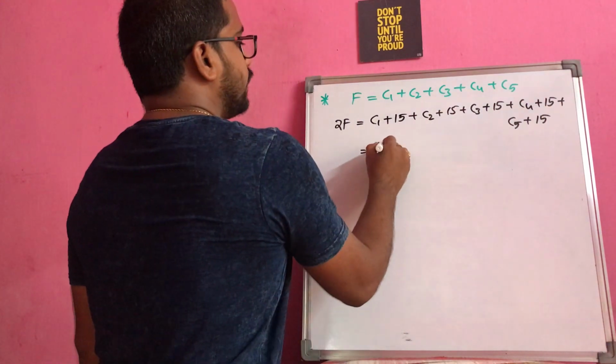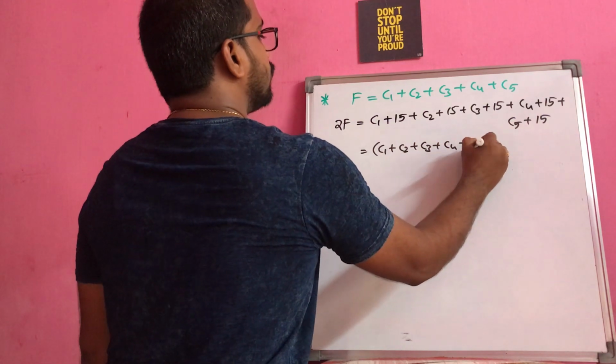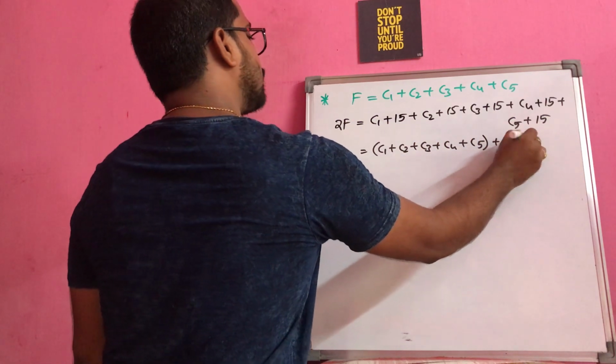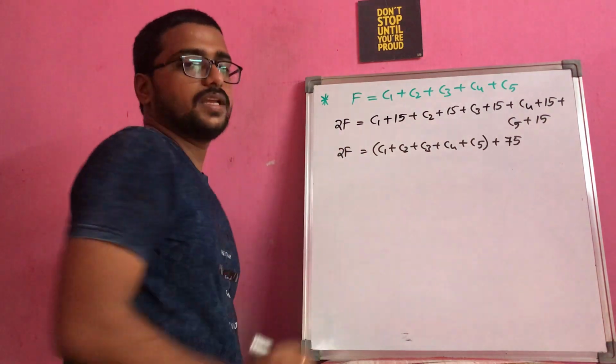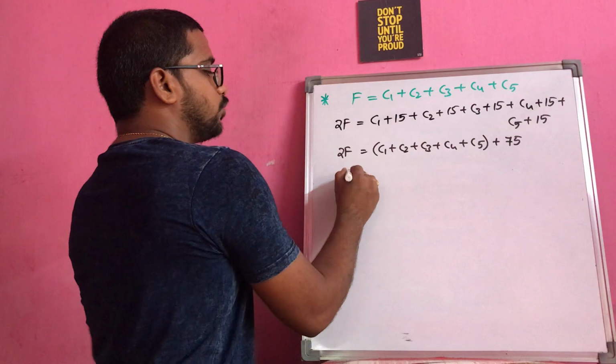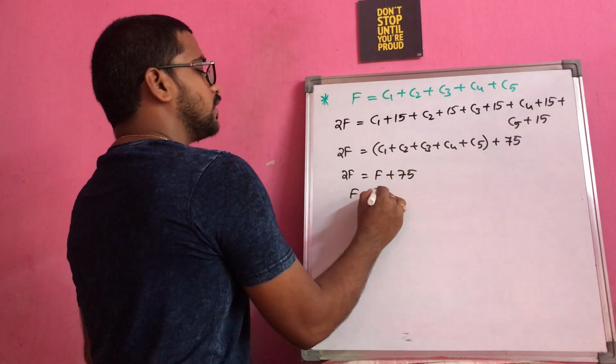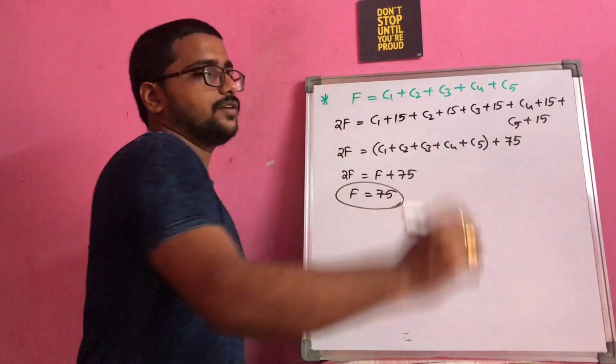So you will be getting C1 plus C2 plus C3 plus C4 plus C5 plus 5 15s are 75 is equal to 2f. Now you see, this is nothing but f. Substitute here, 2f is equal to f plus 75. So if you bring this to the other side, it will become f is equal to 75.